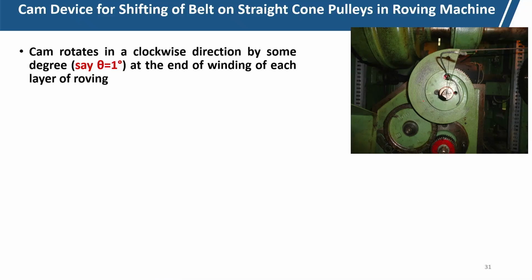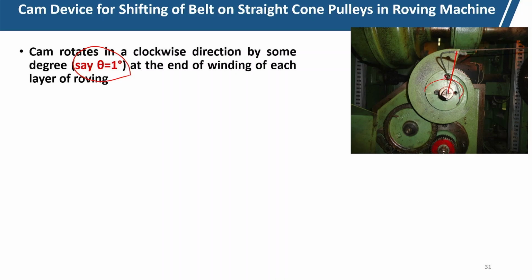Now, the cam rotates in the clockwise direction. As the cam rotates clockwise, gradually the effective radius reduces from the maximum, this is the maximum point, then gradually reduces toward the minimum length. Every layer, the small change will be the same, 1 degree theta at the end of each layer of roving.